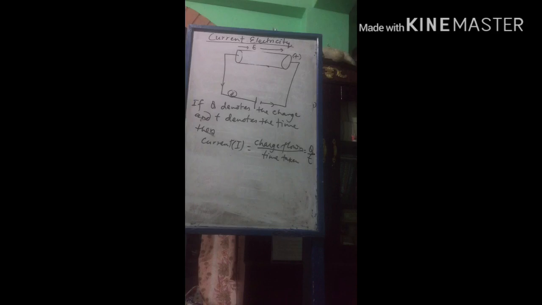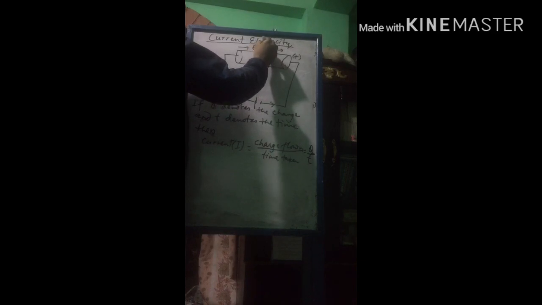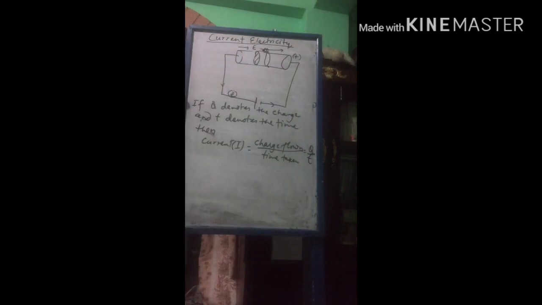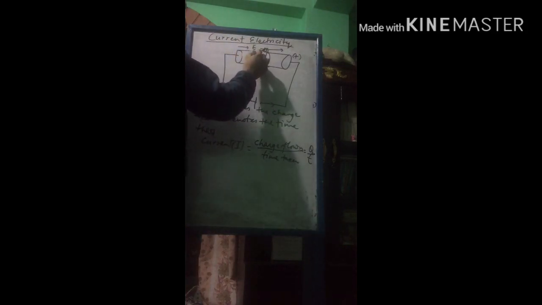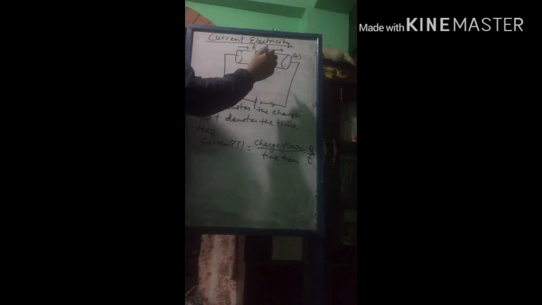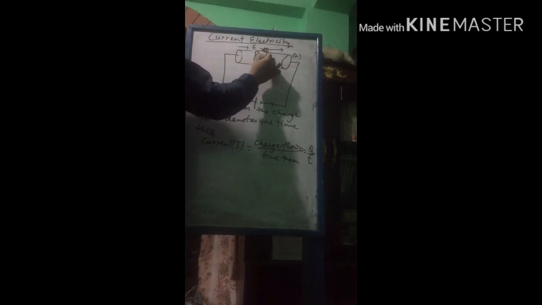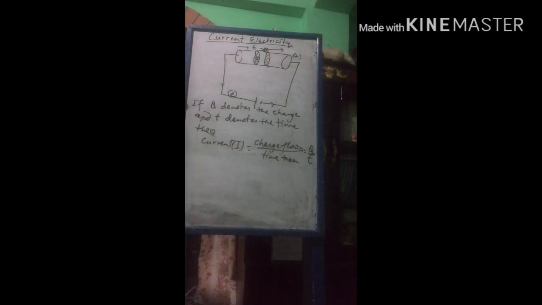Suppose in a time dt, we ask how much charge has flown in time dt; that is known as instantaneous current.